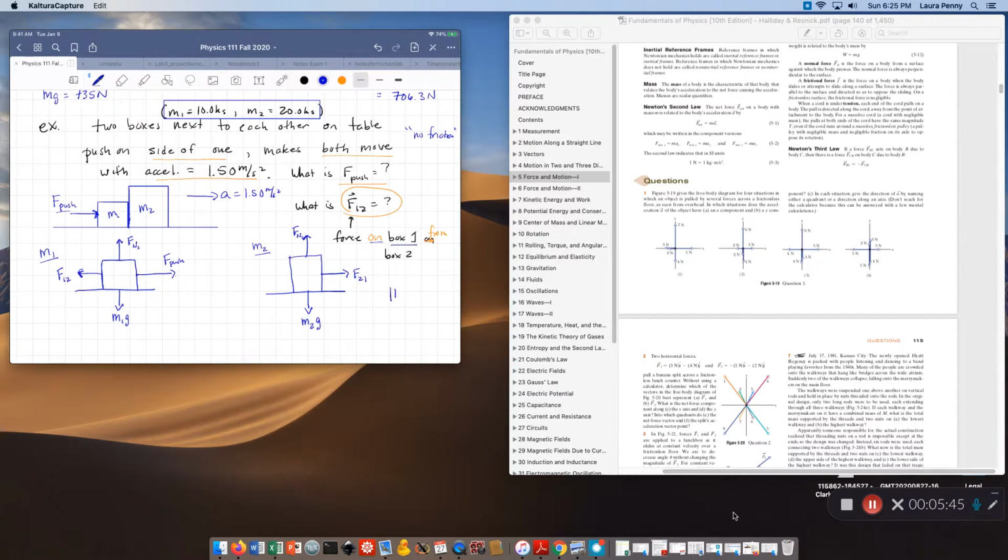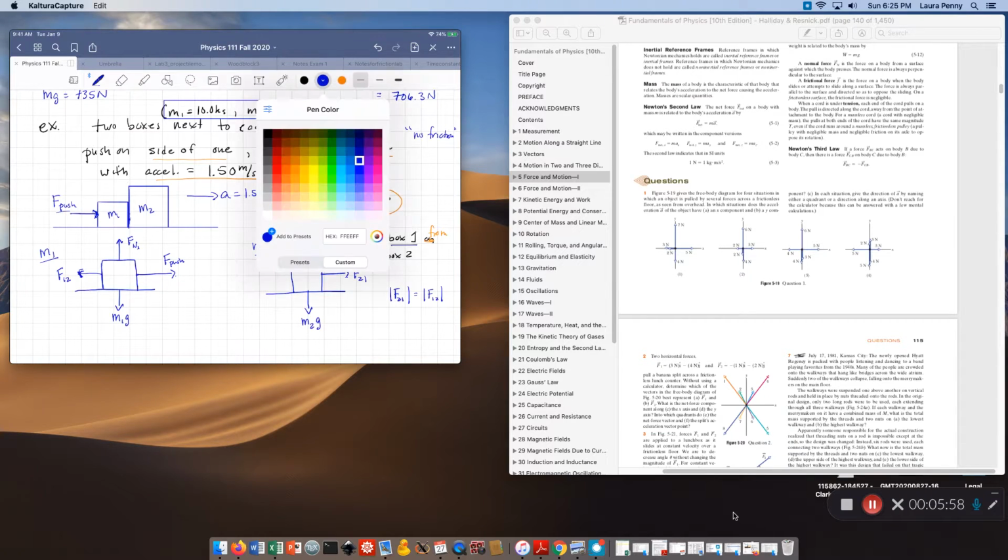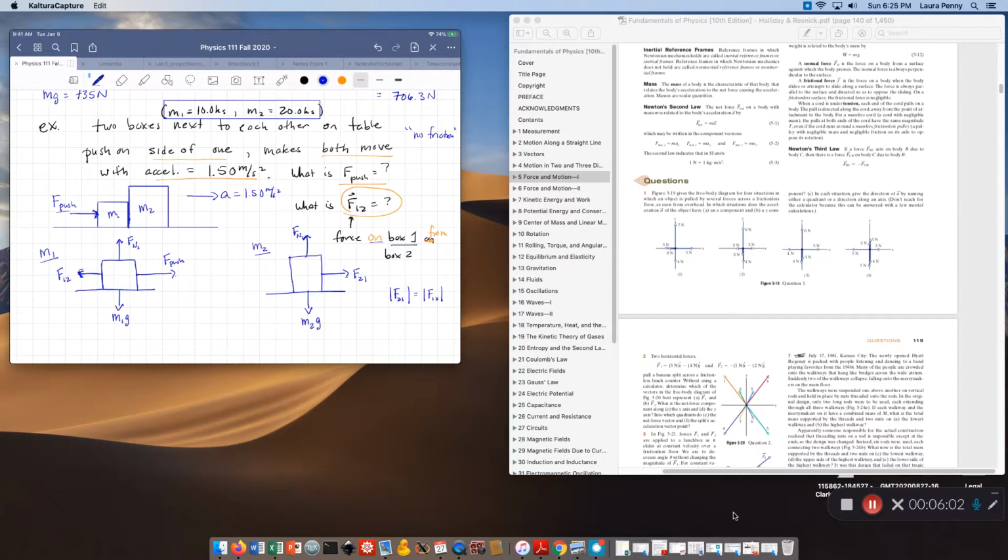So that force 2,1 has the same magnitude as force 1,2. And we can see that the direction of F1,2 is opposite the direction of F2,1, right? These are opposite forces.